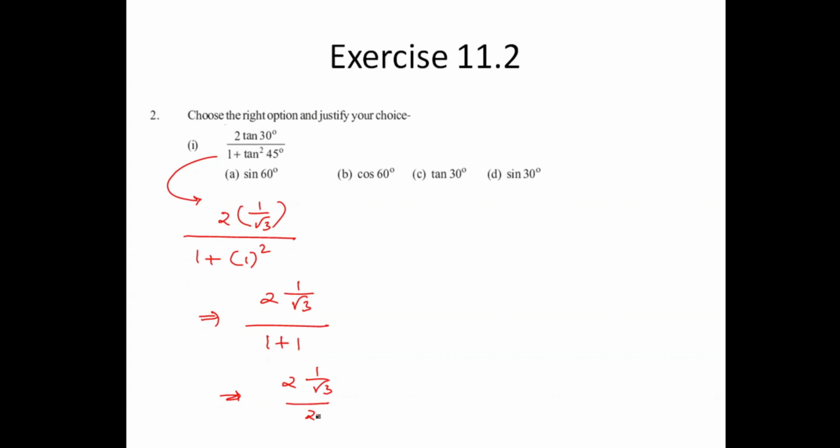Let me shift this one to the above side so that what I get is 2 by root 3 into 1 by 2 left out, right? So this one and this one are removed directly. What is left out? 1 by root 3. The value of this one is equivalent to tan 30 degrees. So the answer is your option number C.